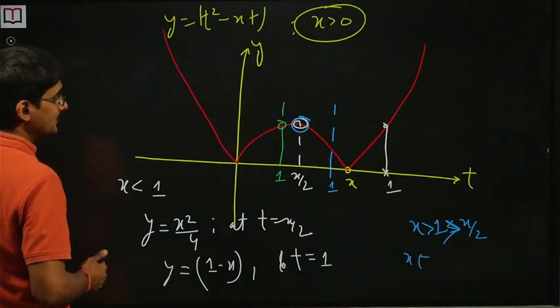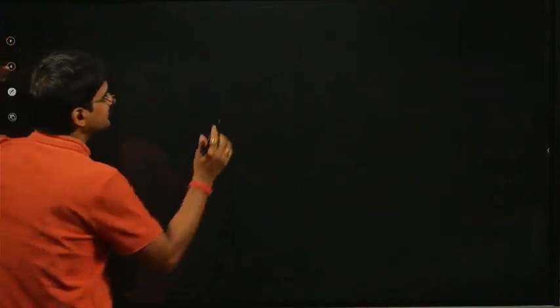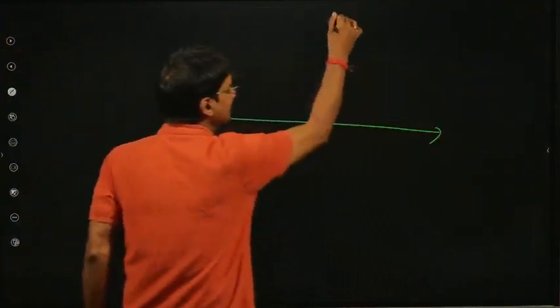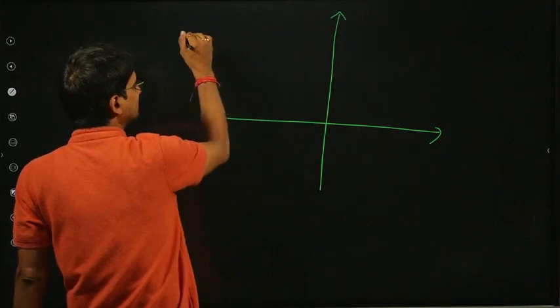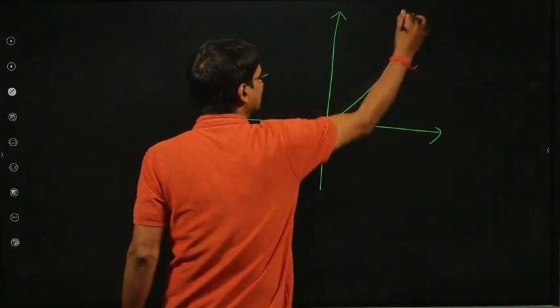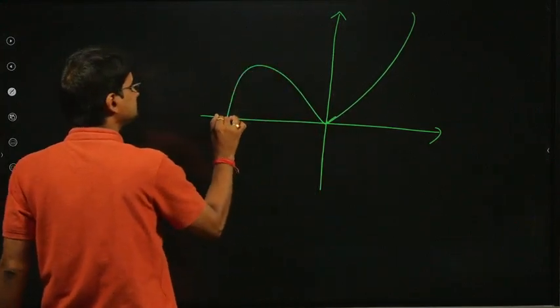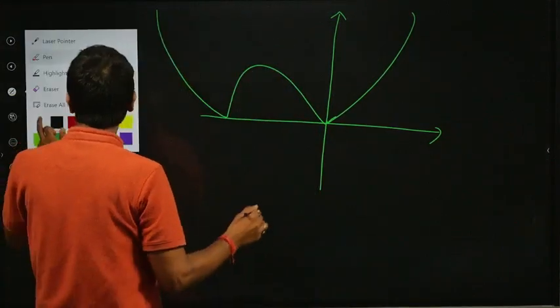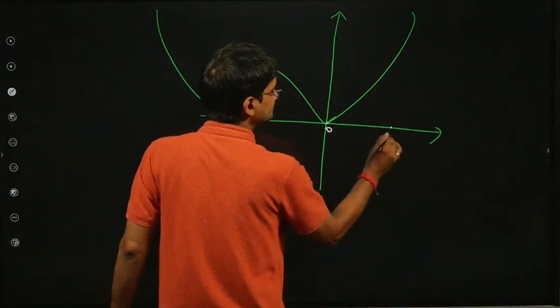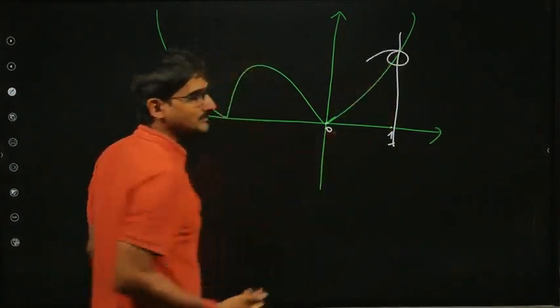Now the last thing, what if x is negative? See, if x is negative, the curve will be something like this. And since t lies between 0 and 1, the maximum is at 1, that's it.